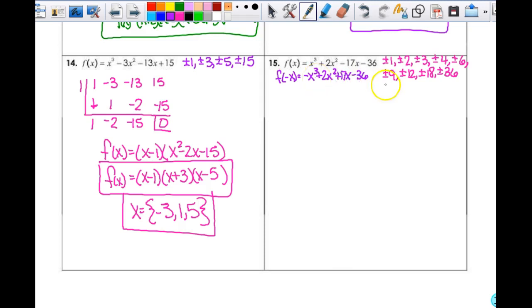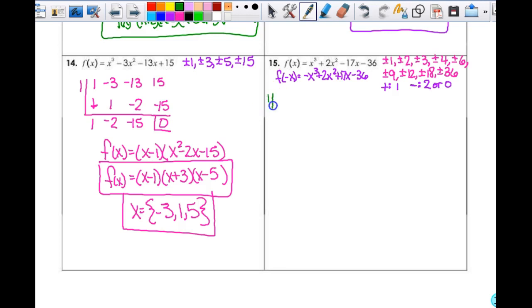So for my positives, that would be 1. For my negatives, that would be 1, 2, or 0. Okay, so doesn't necessarily help me straight away. I mean, I've got to start somewhere, so I can start with 1.